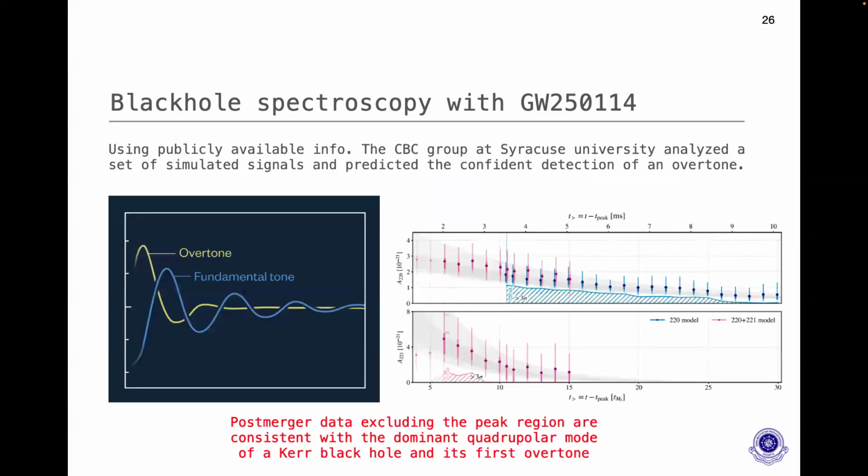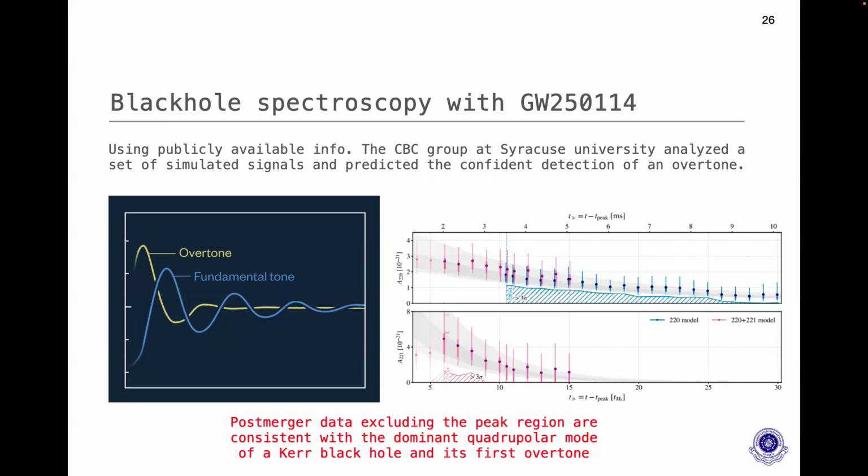And what LVK found is that for a fair enough time, they found the existence of the 221 mode along with the 220. So now we can confidently say that we have also observed the overtone associated to the quadrupolar quasi-normal modes.